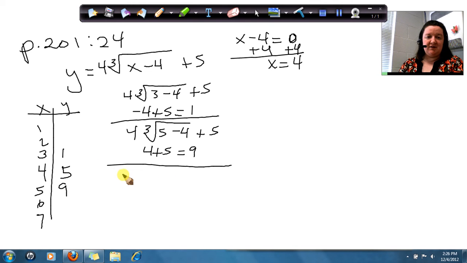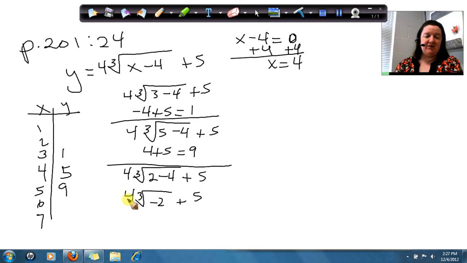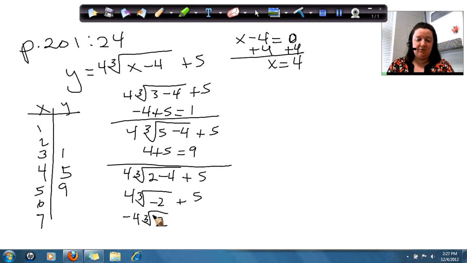Now if we plug in a 2, 2 minus 4 plus 5, that's going to be a negative 2. Plus, I guess that should be plus 5. So I'm going to factor out the negative 1 from that. So we have a negative 4 third root of 2. So let's plug that into our calculator, which will give us the third root of 2, 1.25.